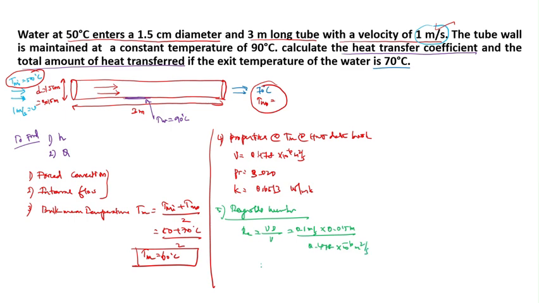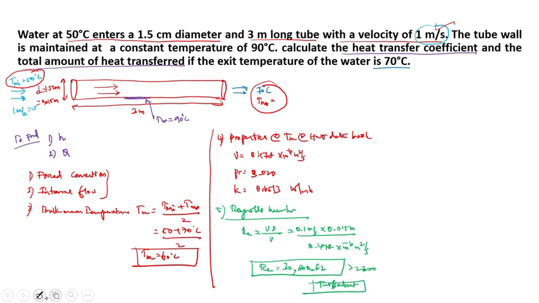After substituting the values, you get the Reynolds number equal to 30,800 plus 82, which is greater than 2,300. So the flow inside the tube is turbulent.